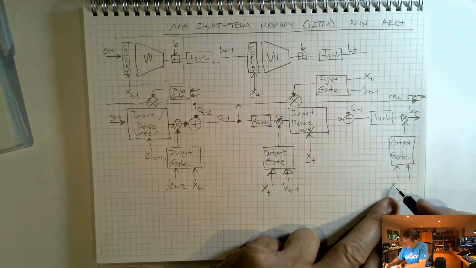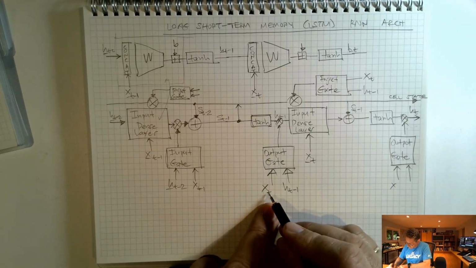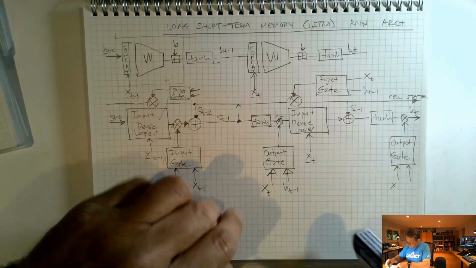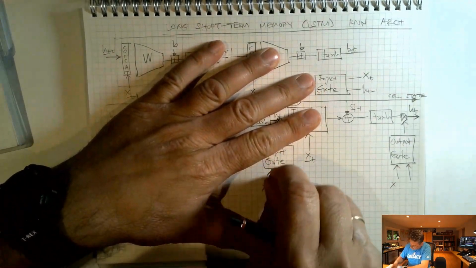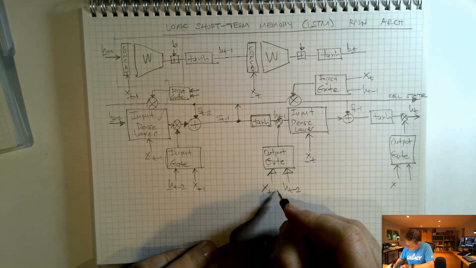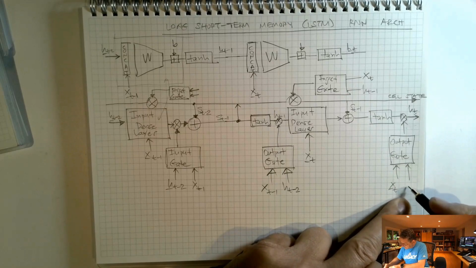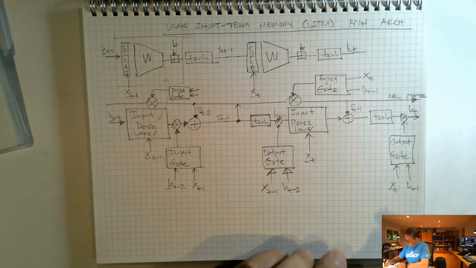And this output gate is ht minus 2, xt minus 1. This output gate is xt, ht minus 1.